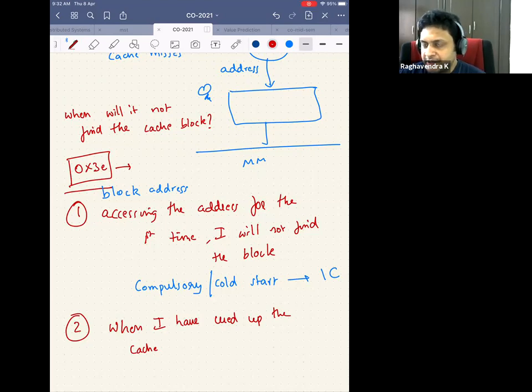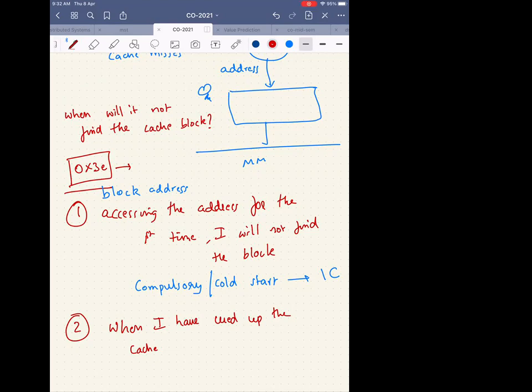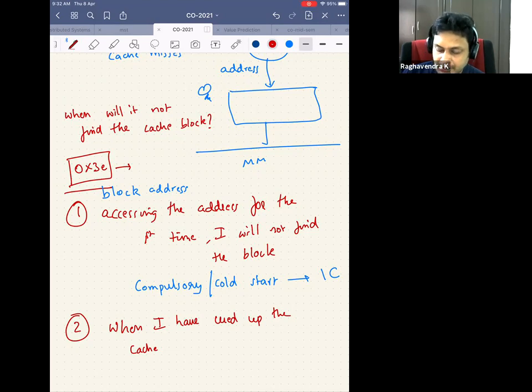I might have brought it long back before, right? So why will it be a miss? When it will be overwritten. Yeah, so when it's overwritten, this is called a capacity miss. This is the second C.